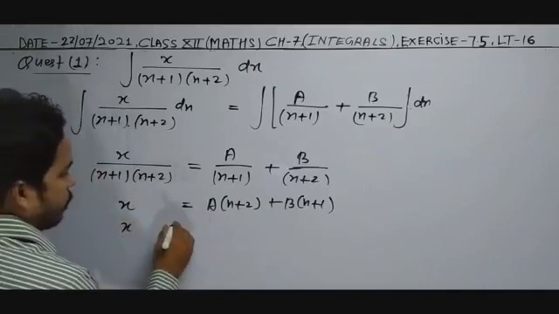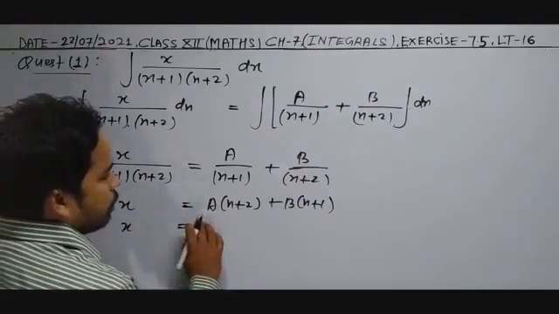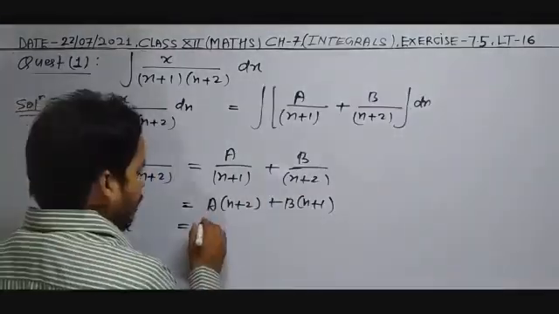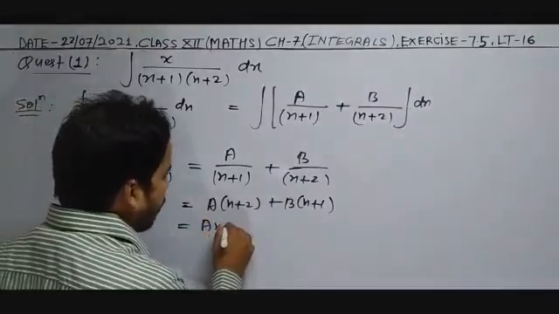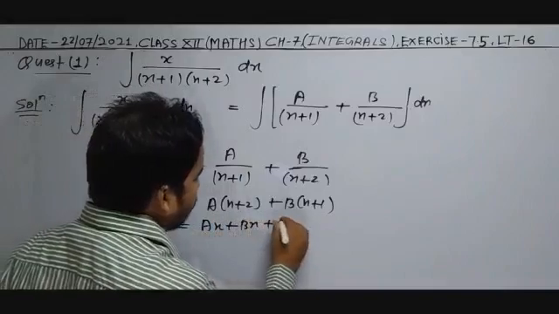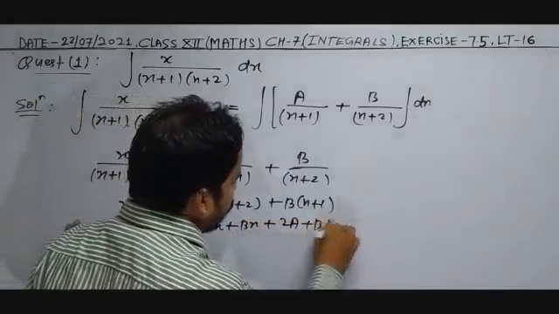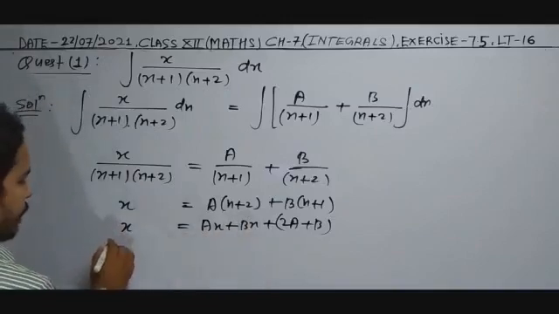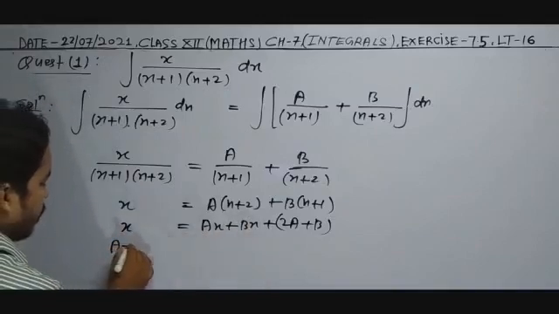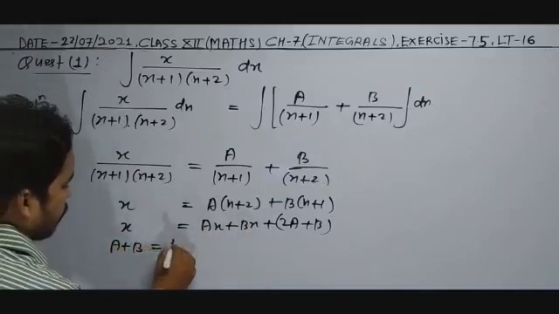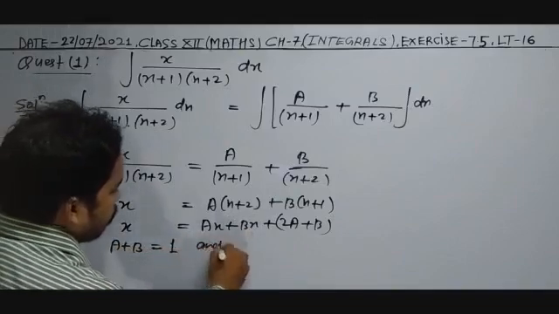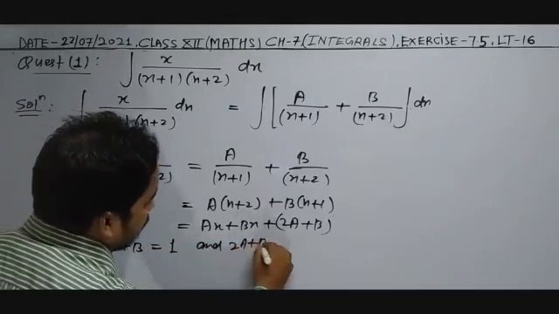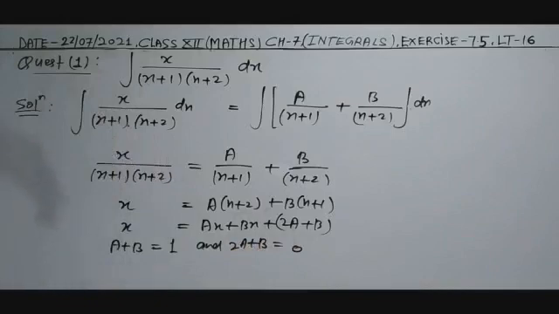Now we multiply, and this result will be Ax plus Bx plus 2A plus B. When you compare the coefficients you get A plus B is equal to 1 and 2A plus B is equal to 0. This implies B is equal to minus 2A.